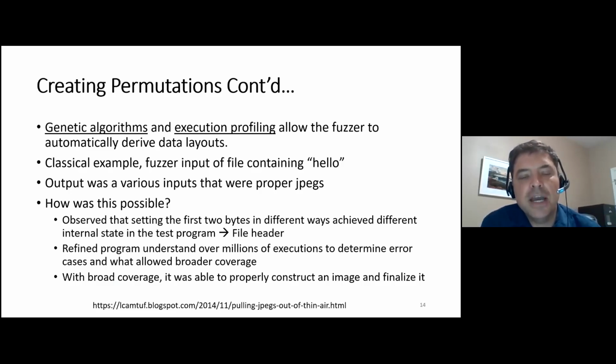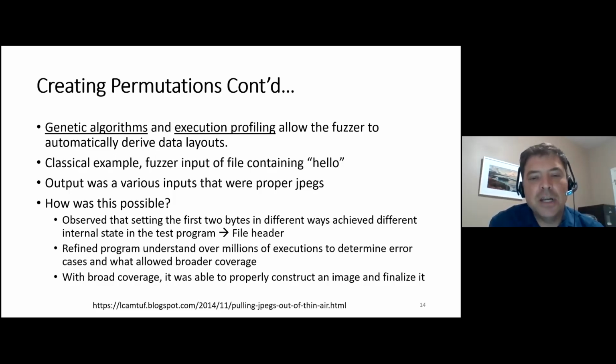Basically they have a bag of tricks that they'll rotate around to come up with interesting permutations to apply to the program. And one of the most interesting things I've seen in fuzzing is this blog post here, where somebody took AFL as a fuzzer, and they said, okay, here's what I want you to fuzz. We're going to fuzz this JPEG library. And they just gave it one file that contained the word hello.